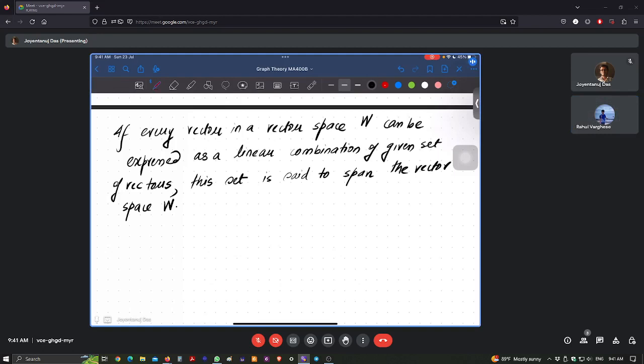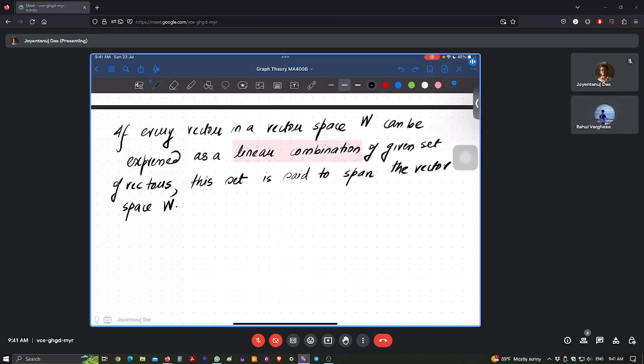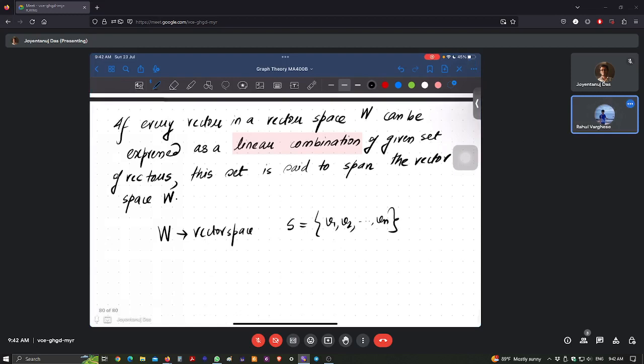So here there are a few terms. Linear combination, you remember, right? Linear combination of a set of vectors. Let me give you an example. W is a vector space, and suppose we have some set of vectors V1, V2, up to Vn.